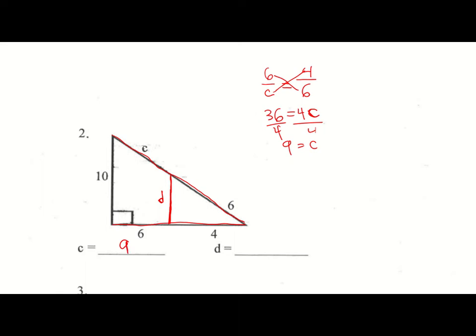And then our last step to find D is we need to set up a proportional statement between the sides. So we have side D right here and 10, and we can compare that to our small side here, which is 4, to our whole side, where we have to add up these two pieces, 6 plus 4, which gives me 10.